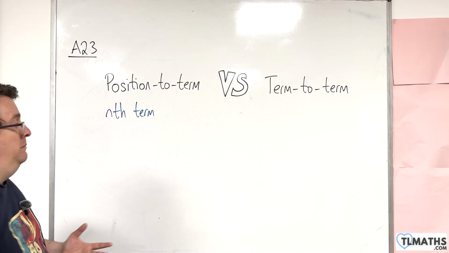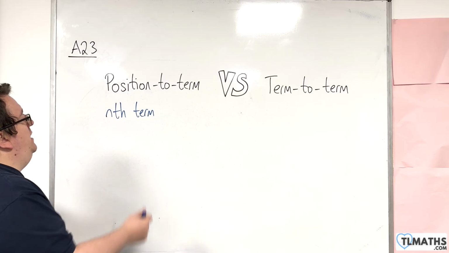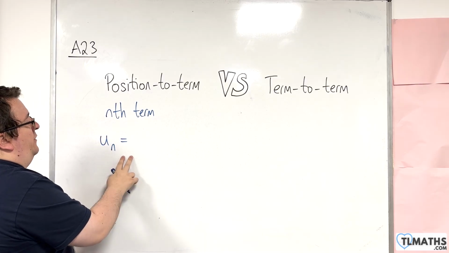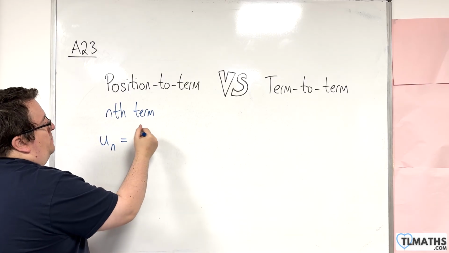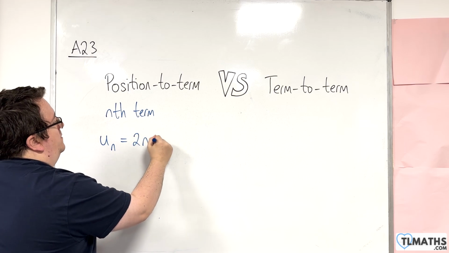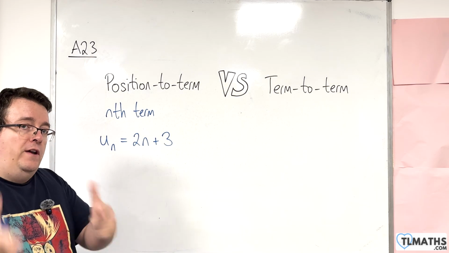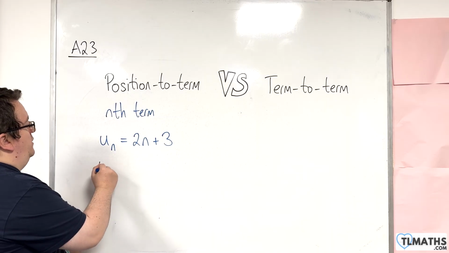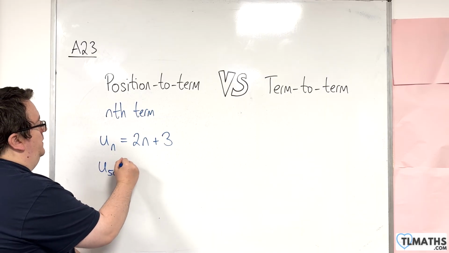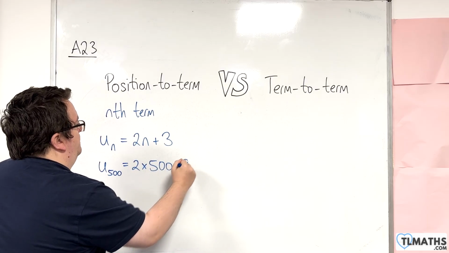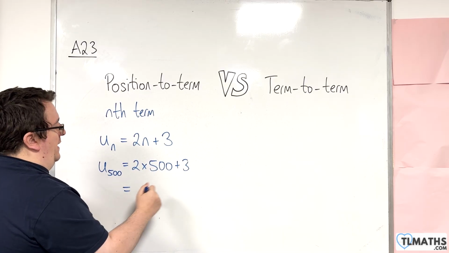So, for example, notationally, we quite often use un to mean the nth term is equal to, and it could be something like 2n plus 3. And if you tell me you want the 500th term, then u500 would be 2 times 500 plus 3, so that's 1003.